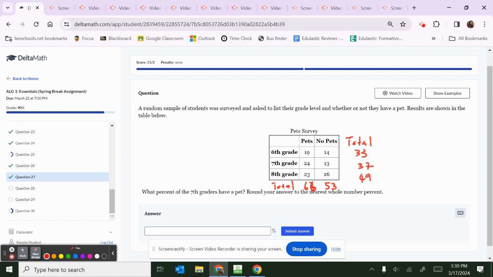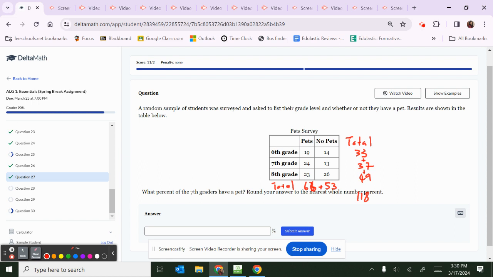Okay. So now I'm going to combine all these. So you can add these or add these three. All right. You should get the exact same thing. So 66 plus 53 is 118. Okay.